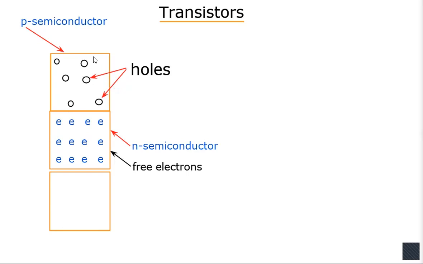So the doping level is 6. There are 6 holes, so how many boron atoms are there in this semiconductor? 6 holes mean 6 boron atoms.